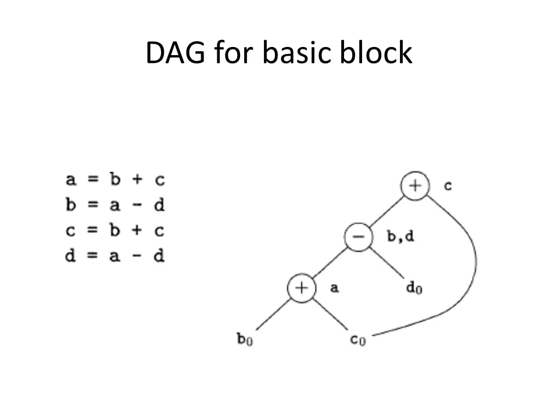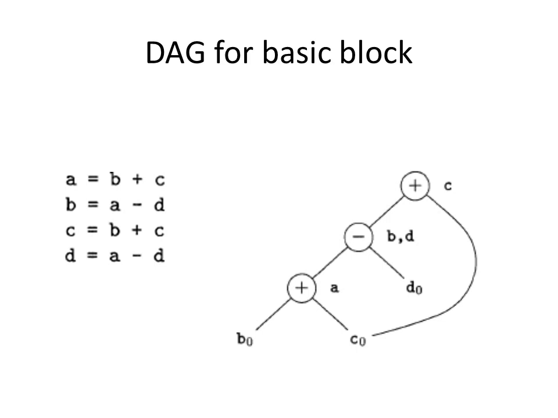DAG for basic block. See, A is equal to B plus C, B is equal to A minus D, C is equal to B plus C, D is equal to A minus D. So there are 4 3 address statements here, and for that the directed acyclic graph will be like this.